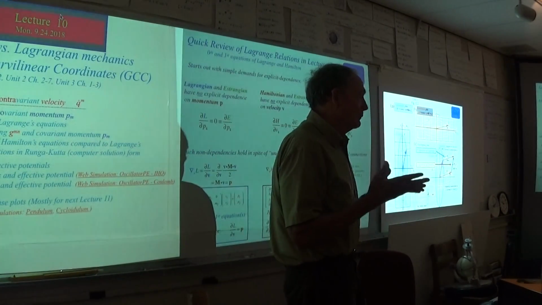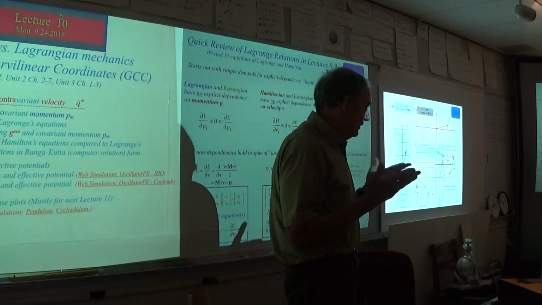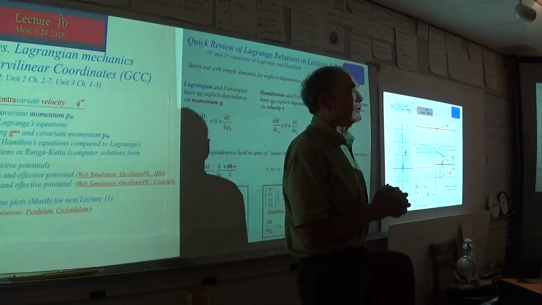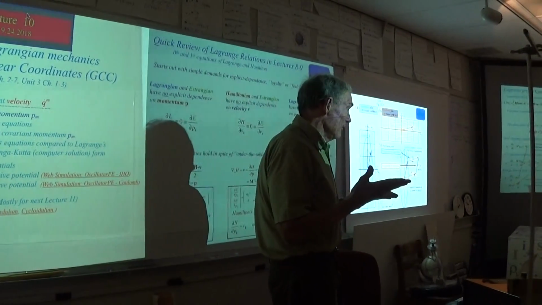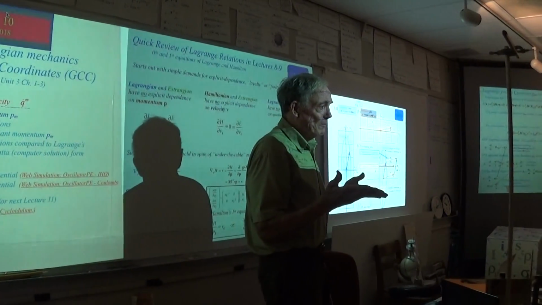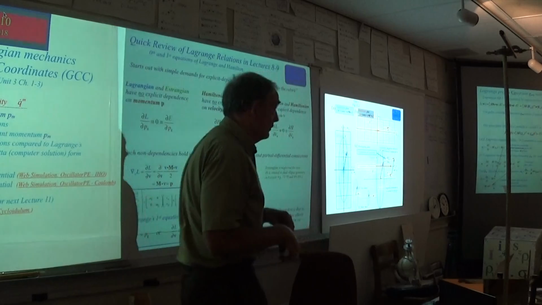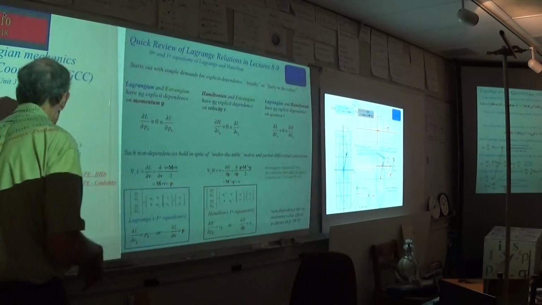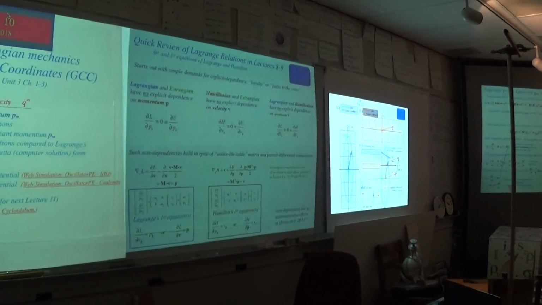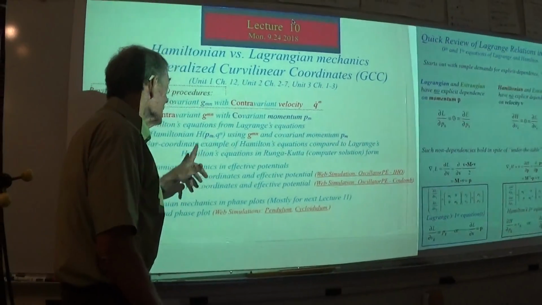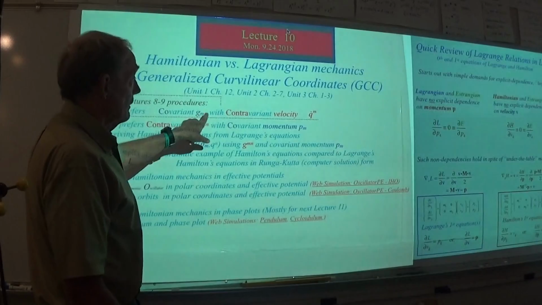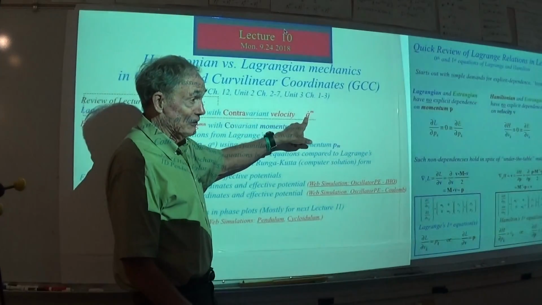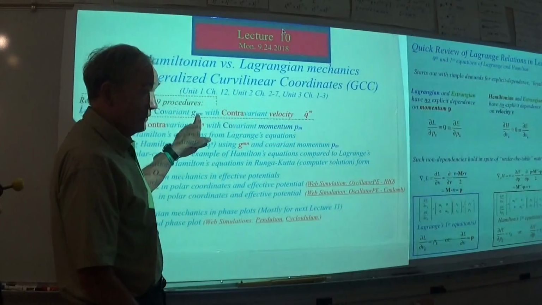But of course, whenever you write an expression using this fancy GCC technology, you're actually writing an equation that's invariant to choice of coordinates. So when you write the Lagrangian the way we did, using a metric, we use a covariant metric, but we deal with velocity combinations with those coefficients.